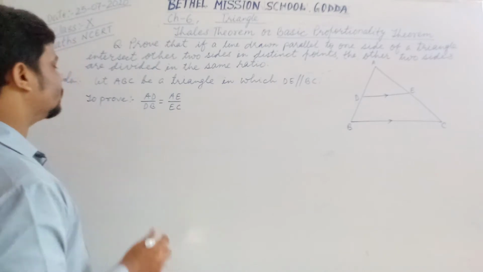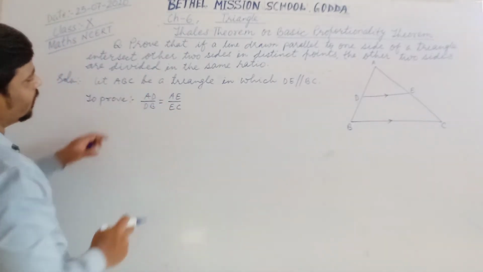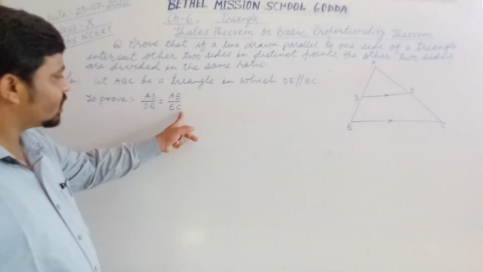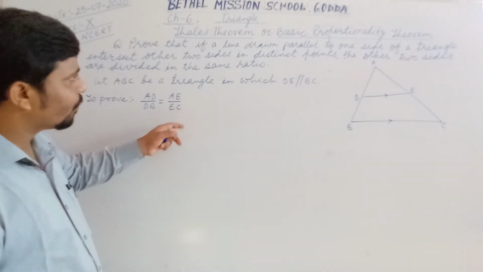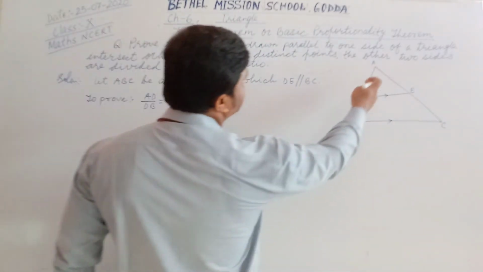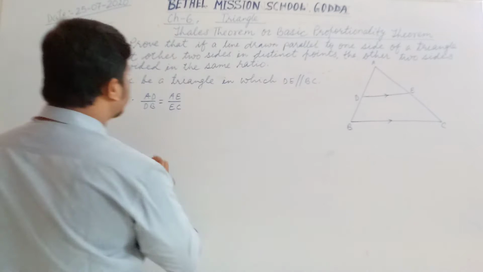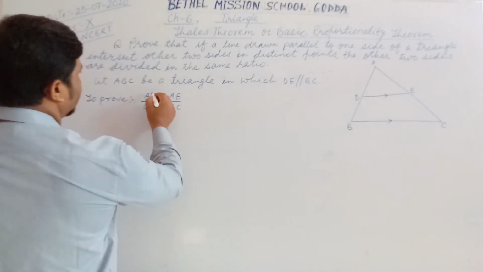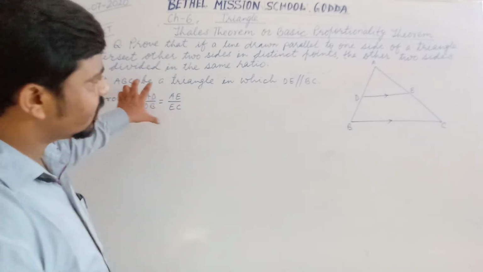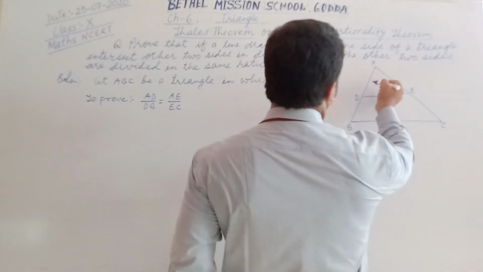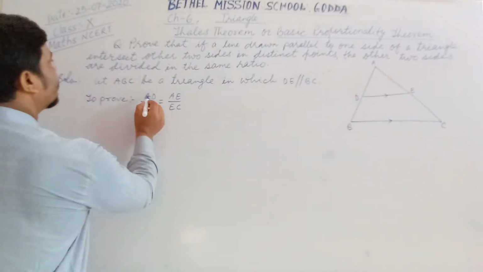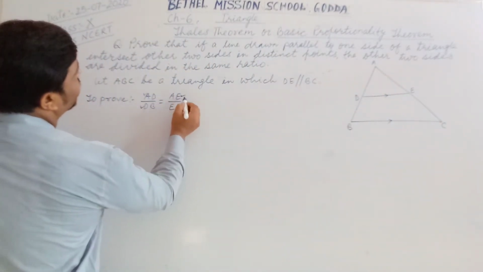You can see AD by DB is the ratio on side AB, and AE by EC is the ratio on side AC. So there are four parts, AD, DB, AE and EC, and these four parts are proportionals.